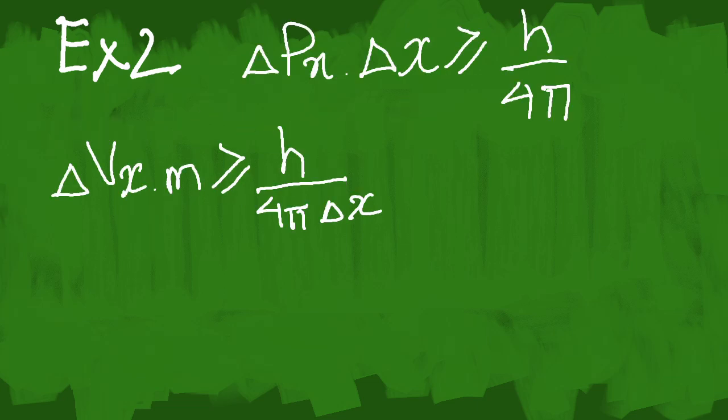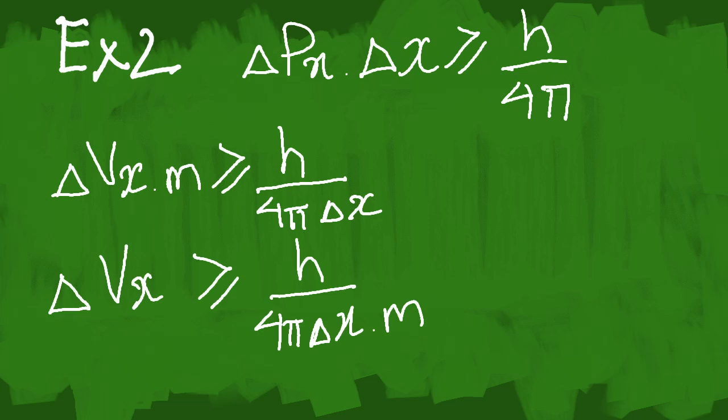We have the formula delta x multiplied by delta px is larger or equal to h divided by 4 pi. So delta px equals delta vx multiplied by m is larger or equal to h divided by 4 times pi times delta x. Move the m onto the other side of the equation and we get delta vx is larger or equal to h divided by 4 times pi times m times delta x.